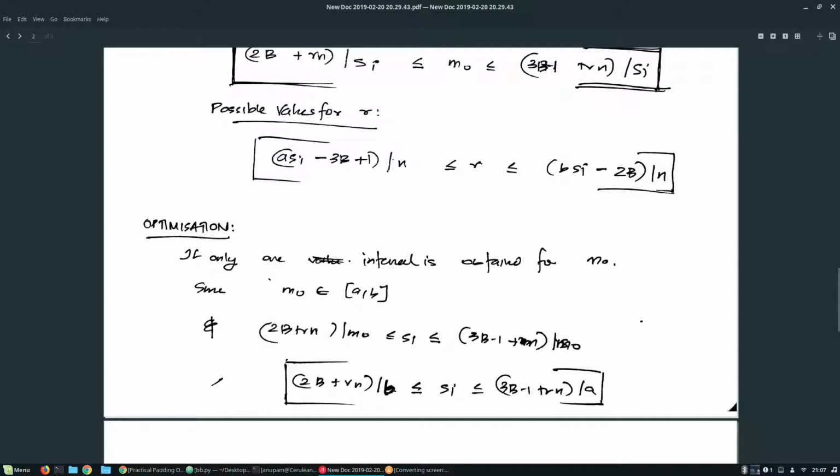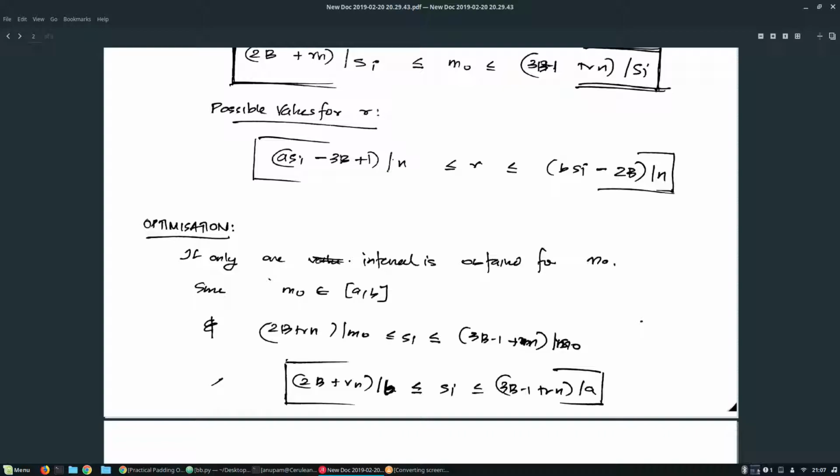One more thing we can optimize is that if there is only a single interval obtained for m0, that means when we find an s1 and we find that there is only a single integer r corresponding to that s1, then we basically will have only one interval for m0.